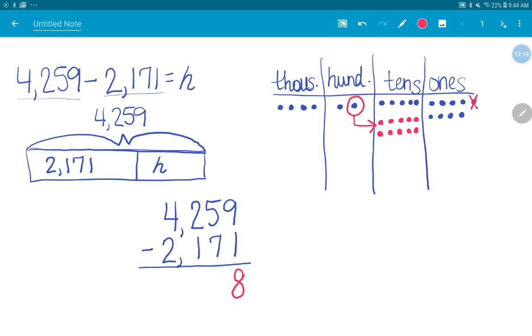So let's count them. 1, 2, 3, 4, 5, 6, 7, 8, 9, 10, 11, 12, 13, 14, 15. How am I going to show that this is not a 5 anymore, that it's 15?